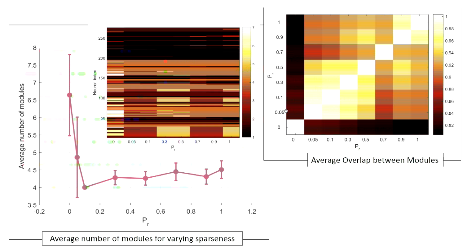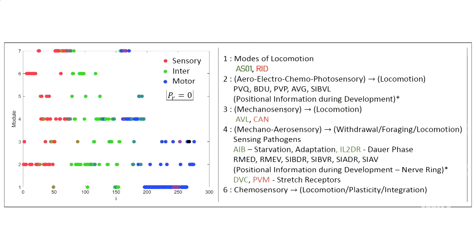So we look at the sparse limit because the other limit has been fairly well explored. On the x-axis I'm showing the neuron index, and on the y-axis I'm showing the module index. And what we find is there are these very distinct modules which actually filter out some of the functionalities associated with the neurons in the module.